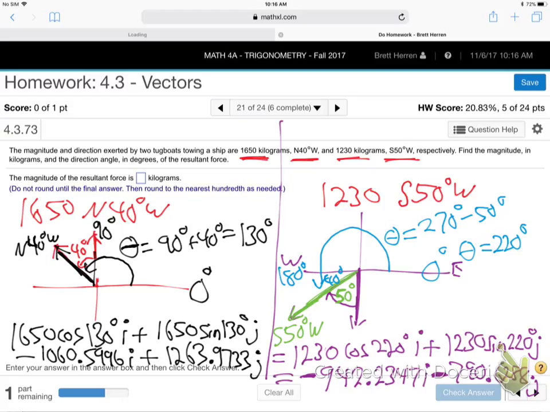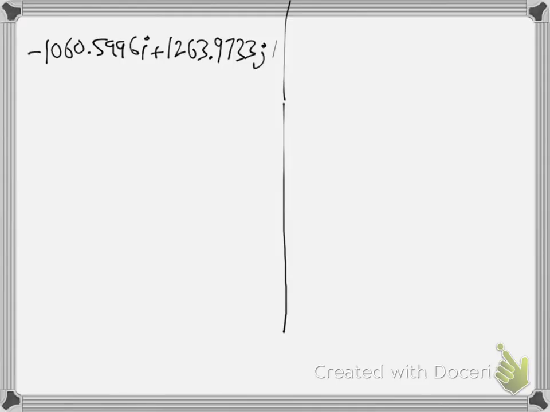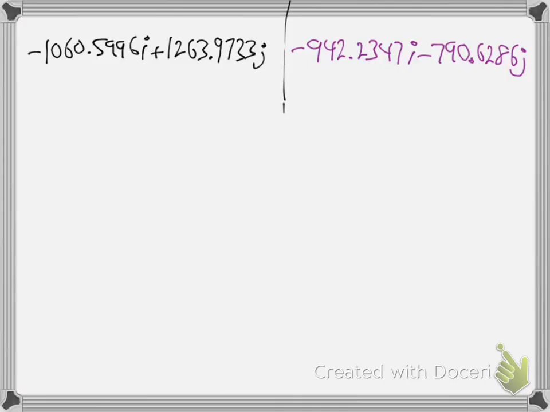So minus 1060.5996 I plus 1263.9733 J and minus 942.2347 I minus, it's tedious, 790.6286 J. Okay, so we got the two vectors, the I and the J, then you add them up.